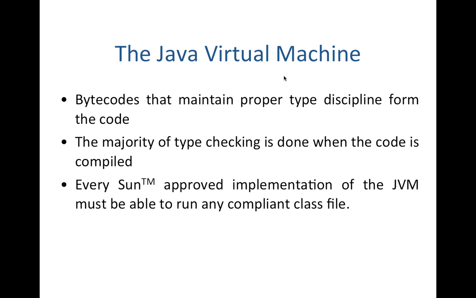If that is not supported, how the errors are different, all that you'll see eventually. Right now I need not say all that, but I'm just giving you some overview. So every Sun approved implementation of JVM must be able to run any compliant class file. This was the goal while they designed it: any JVM should be able to run the same compiled class anywhere.